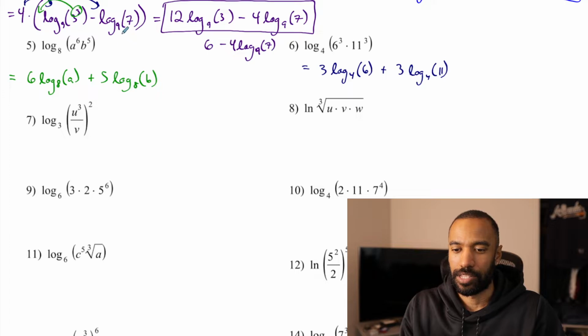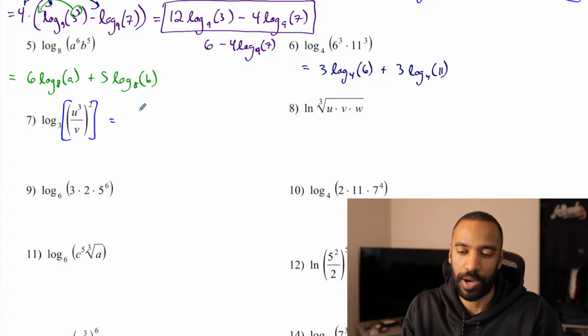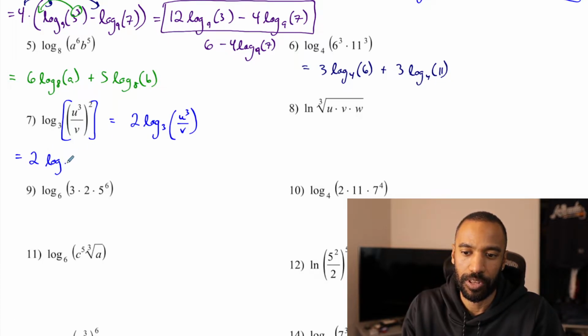Okay, I'll go a little slower on this one here because of the exponent out there. So the squared thing, I'll pull the 2 out in front again this time. So this is 2 times log base 3 of u cubed over v, which is 2 times, I'll distribute the 2 right now into both of these. 2 times log base 3 of u cubed minus 2 times log base 3 of v.